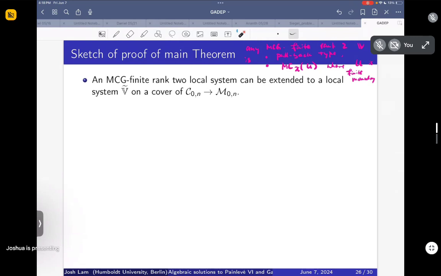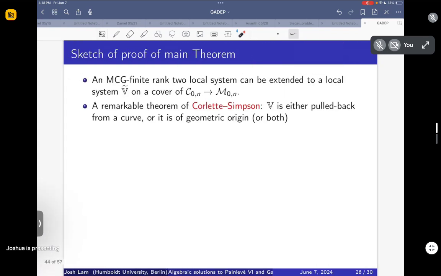The first thing to remind you is that an MCG finite local system can be extended to the universal curve or some cover of the universal curve. So let's just pretend we have a local system V tilde on this universal curve, or maybe some cover of it, it doesn't matter.